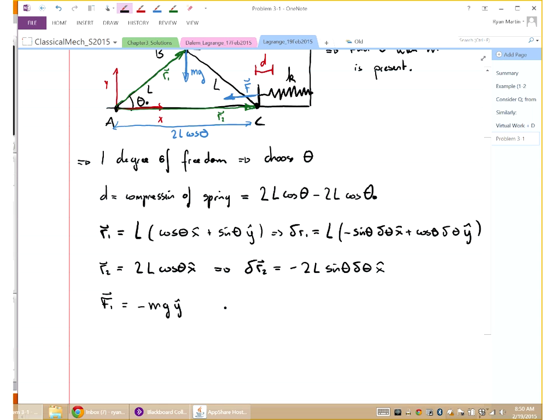If I write out my forces, let me call F1 the force from gravity, so that's minus mg y hat, and F2, the force of compression from the spring, is minus k times d, so it's minus k times 2L cos theta minus 2L cos theta naught, x hat.